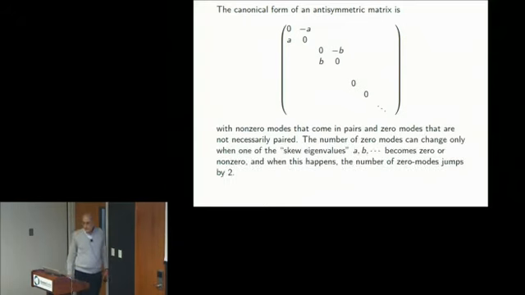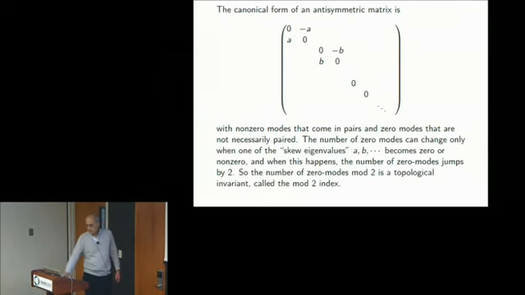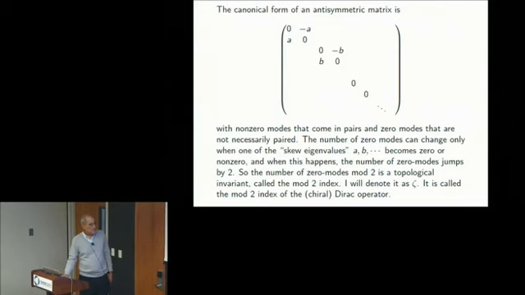The number of zero modes can change only when one of the skew eigenvalues, A, B, and so on, becomes 0 or non-zero. And when this happens, the number of zero modes jumps by 2. So the number of zero modes, mod 2, is a topological invariant called the mod 2 index. And I'll call it Zeta. It's called the mod 2 index of the chiral Dirac operator.